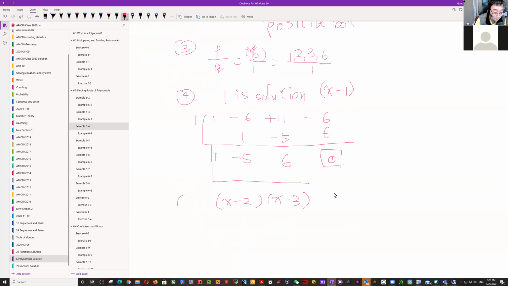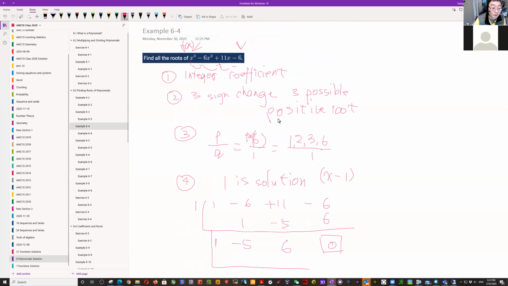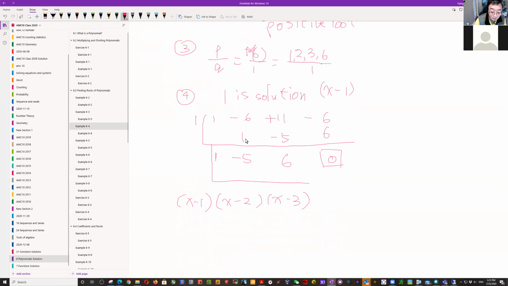So it works. We get a complete factorization, and the three solutions are x1 equals 1, x2 equals 2, and x3 equals 3. That's the way to solve this one.